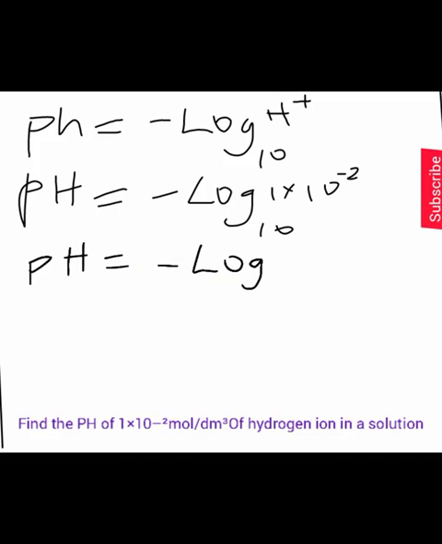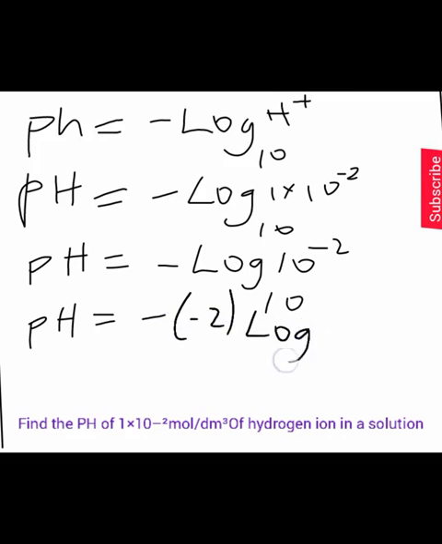1 times 10 raised to the power minus 2 is the same thing as 10 raised to the power minus 2, base 10. According to the law of logarithm, whenever you have a power like this, we move it to the front of the log. So pH equals minus, bracket minus 2, log of 10 to base 10.